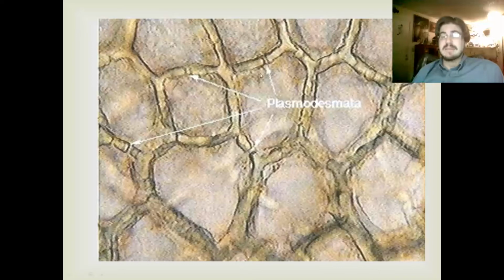This is a plant, man. So instead we have these little canals in the cell walls. And that basically means that this cell and this cell share one continuous cytoplasm because of those little canals called plasmodesmata. That's not the important part of this picture. What's important is the actual image of cells surrounded, armored by their cell walls.